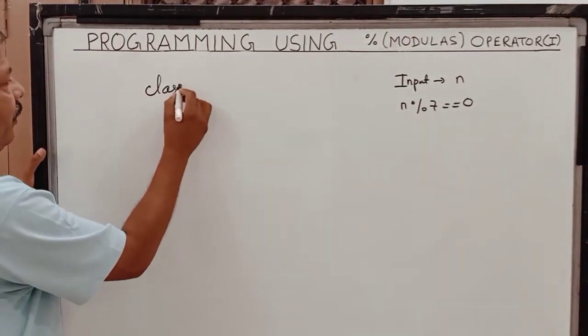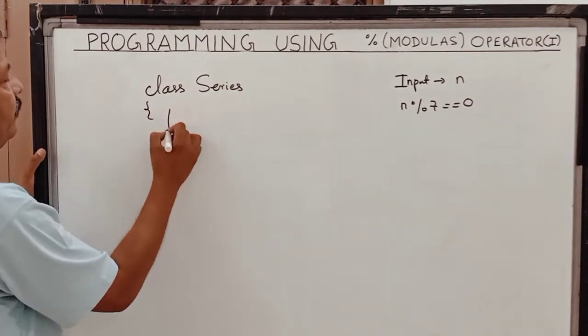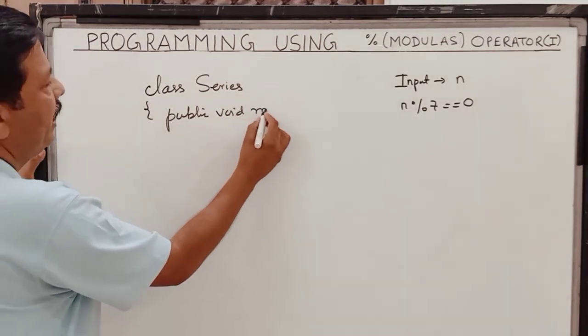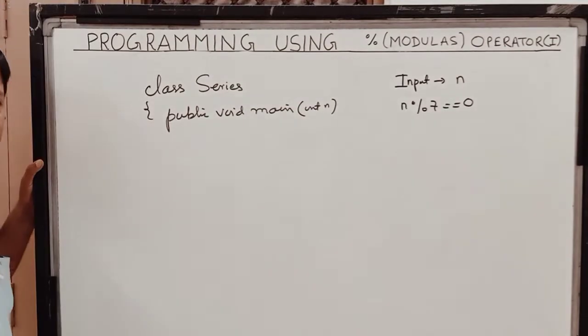We'll say class series, public void main. We enter a number. This is the number we entered.